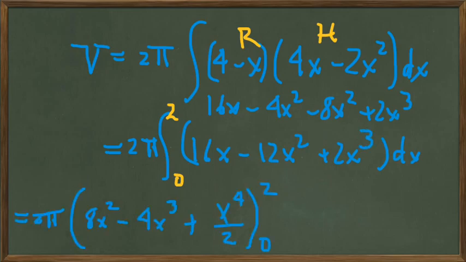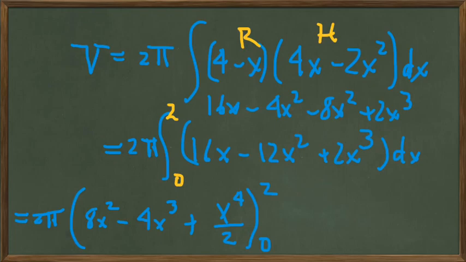So 8x squared is the antiderivative of 16x, 4x cubed the antiderivative of 12x squared, and x to the fourth over 2 the antiderivative of 2x cubed.